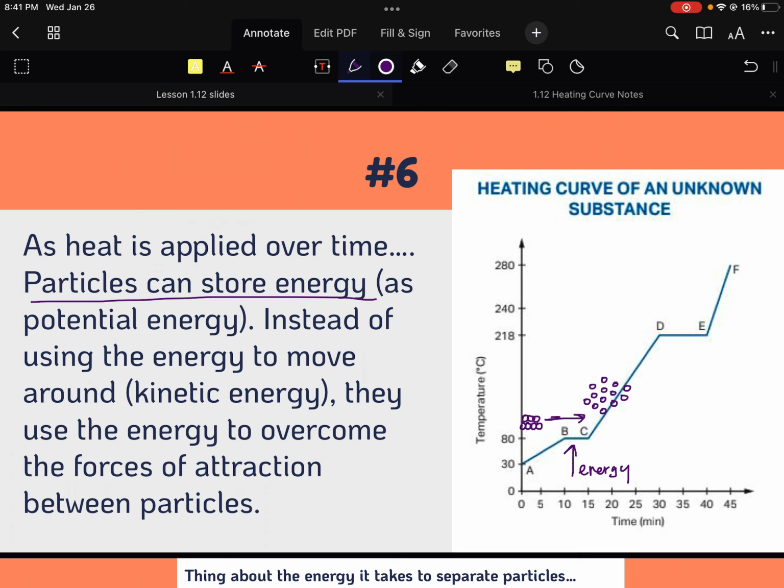And that's essentially what's happening. The energy is increasing so much that it reaches this breaking point where those particles can't increase their kinetic energy anymore. They have to use some of that energy to break those forces of attraction, so then they can spread out like they're wanting to.